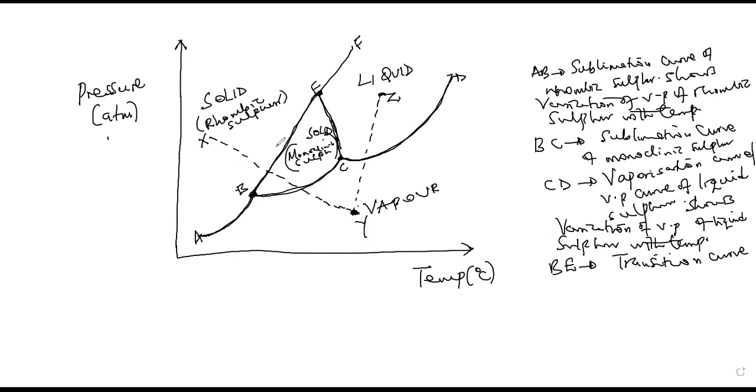And along this line, monoclinic sulfur is in equilibrium with rhombic sulfur. So it can be noted that it shows the effect of pressure on transition temperature, and that along this line, rhombic sulfur and monoclinic sulfur are in equilibrium. So that is also another point to note.